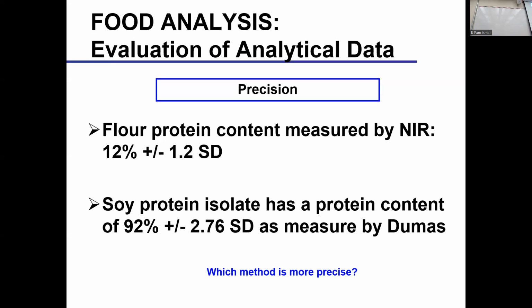Who thinks that the flour sample measured by the NIR method has better precision than the 2 mass method? If you think like Raven, that this is more precise, raise your hand. Okay, raise them up so I can see. Good. Hands down. Who thinks the opposite? No one. Not even one.